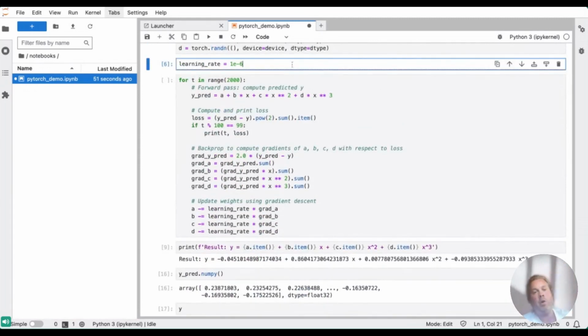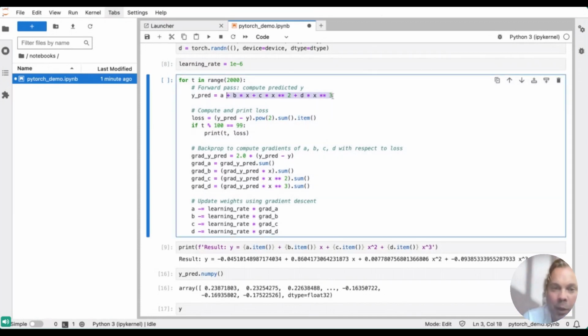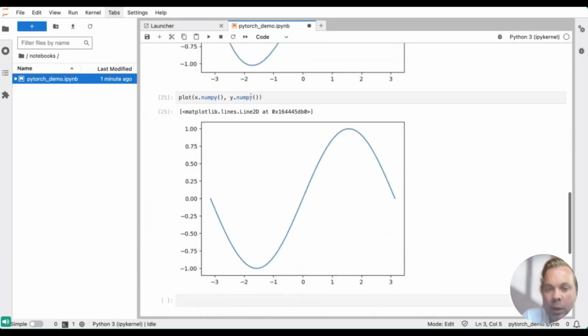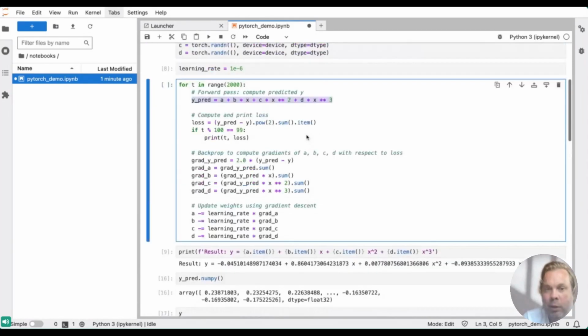I'm telling it how quickly you want to learn. So I'm telling it you want to go not too fast. And then I do a loop. And this is the model that I'm building. So we want to predict the sine curve from x. So given a number here, like -1, we want to have something like minus 0.75. Clear?